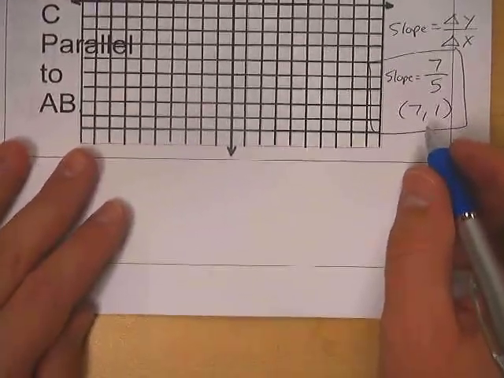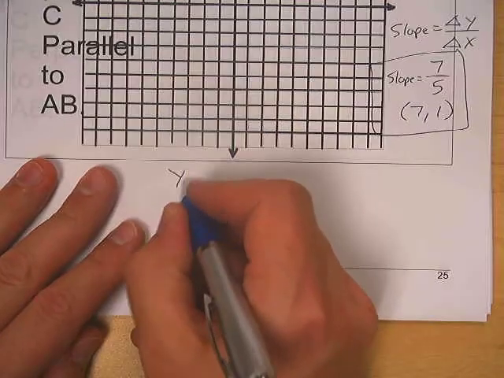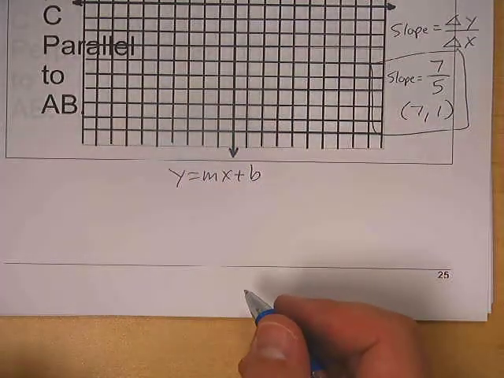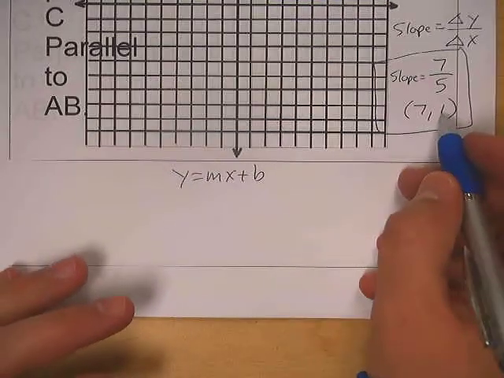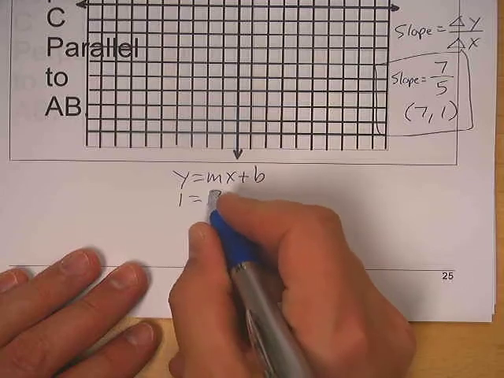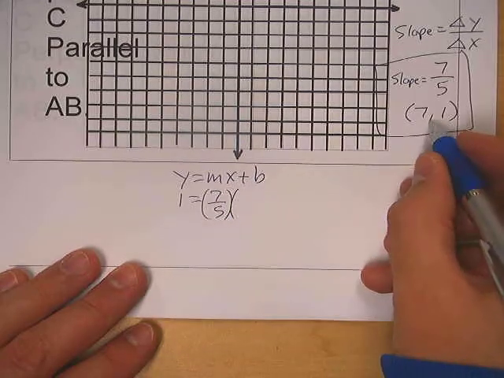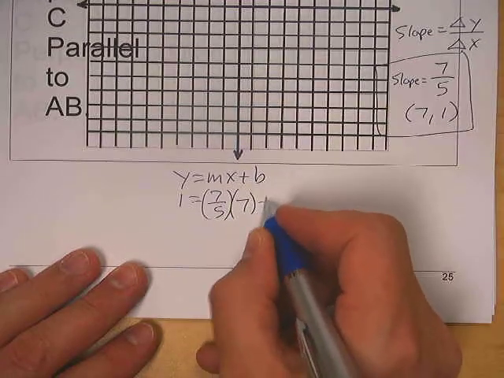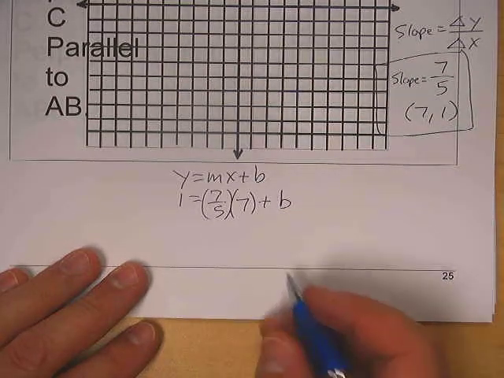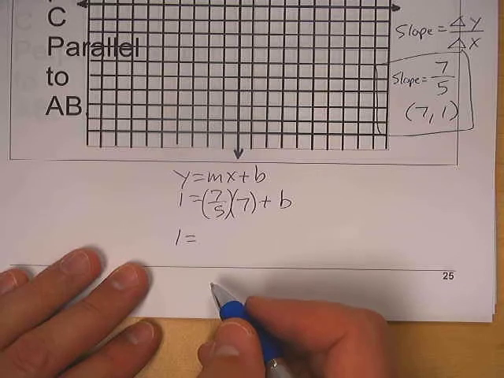All right, now I'm going to move this up. So we're going to use the equation y equals mx plus b. We use the y value, which is 1, slope, which is 7 over 5, and the x value, which is 7, plus b, and we don't know what b is. We have to solve for b.